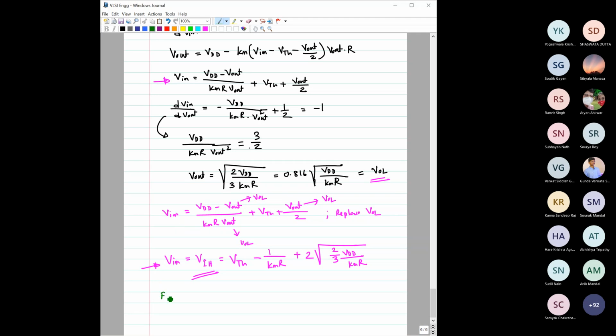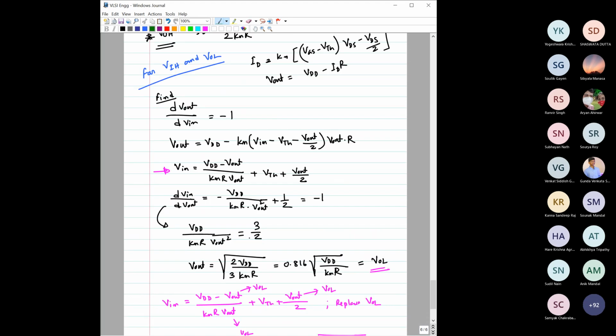So now find noise margin high and noise margin low, right? Because now you have all the expressions, you just have to do a subtraction from one value to the other value. If values were given, you just replace those values and find the numerical value.